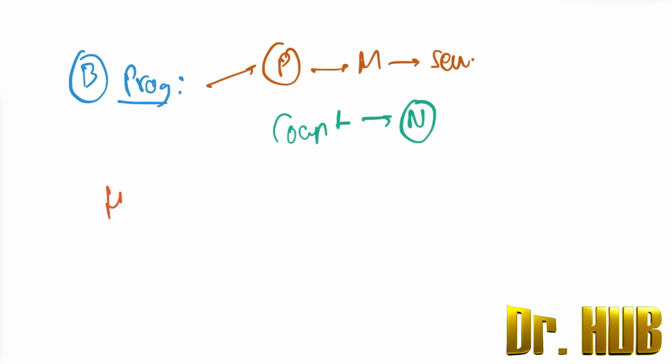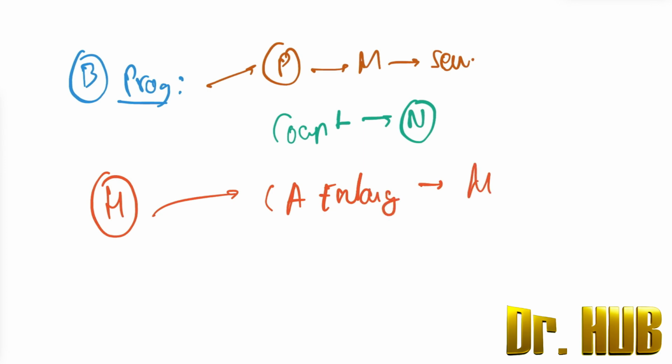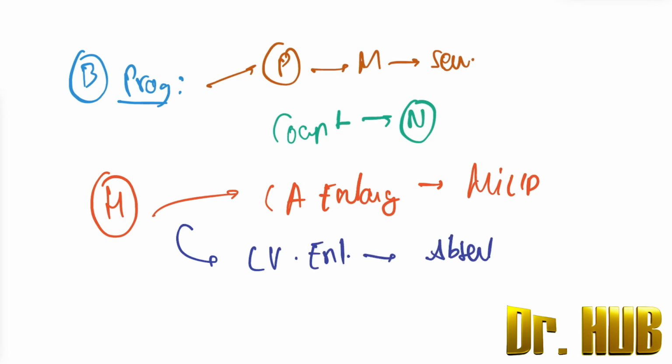Now, how are the hemodynamic changes? In terms of left atrial enlargement, it will be mild. Left ventricular enlargement will be absent, and pulmonary hypertension is not seen.